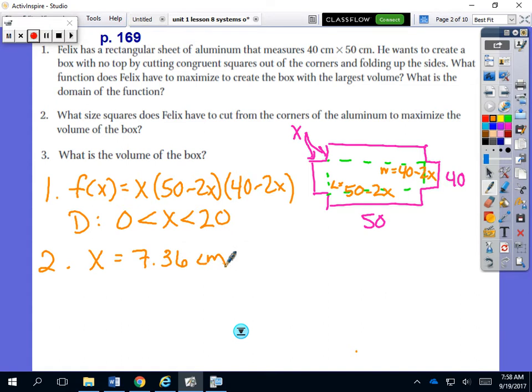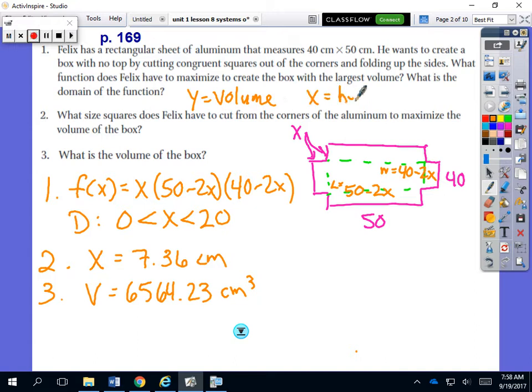And the maximum volume is 6,564.23 centimeters cubed. Remember, our volume was our y value. Y equals volume, x equals height, the amount that you cut out of the corners. So that's how you do that problem.